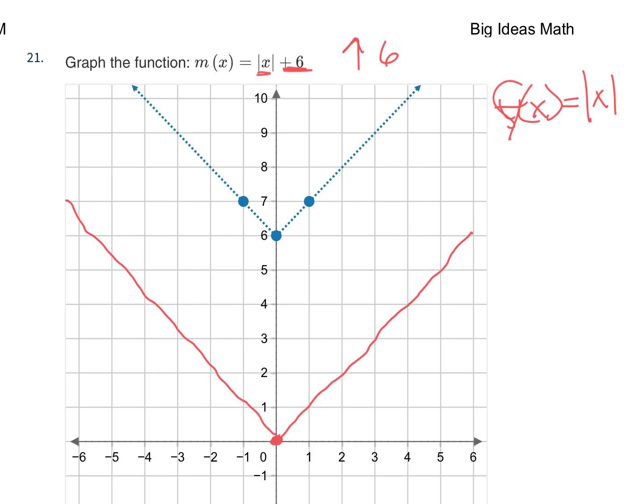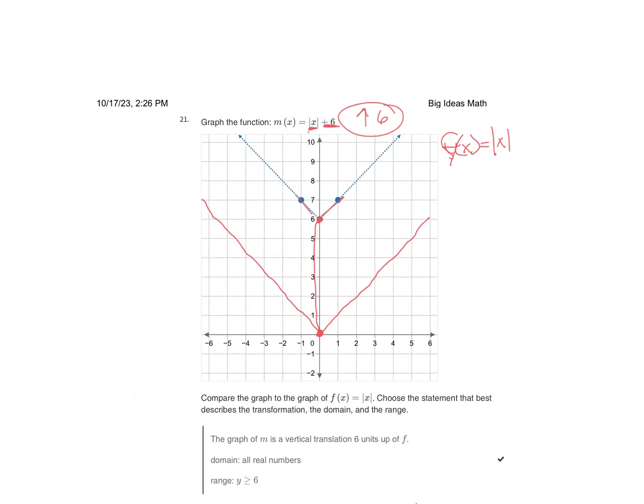Okay, so all we're going to do is take this, and the shift goes up 6. We didn't change anything with our slope, so it's still 1. Okay.